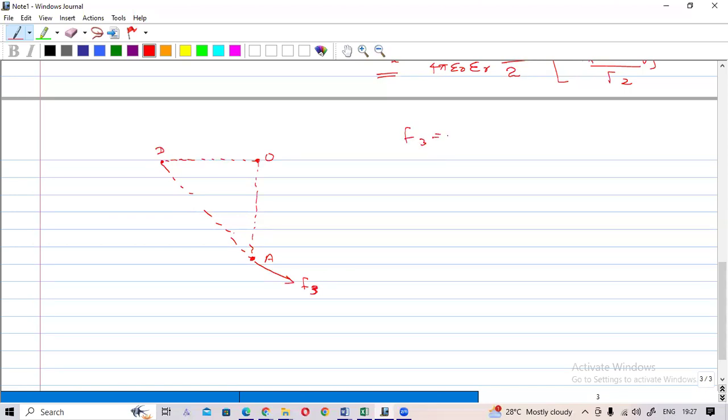F3 is equal to 1 over 4 pi epsilon naught epsilon R. Here Q, here Q, so Q into Q, Q square, divided by this distance.